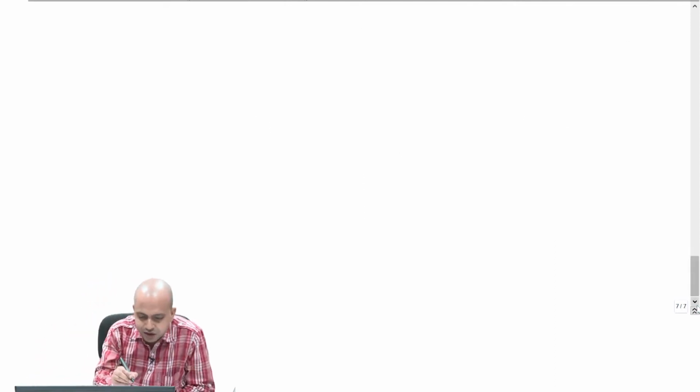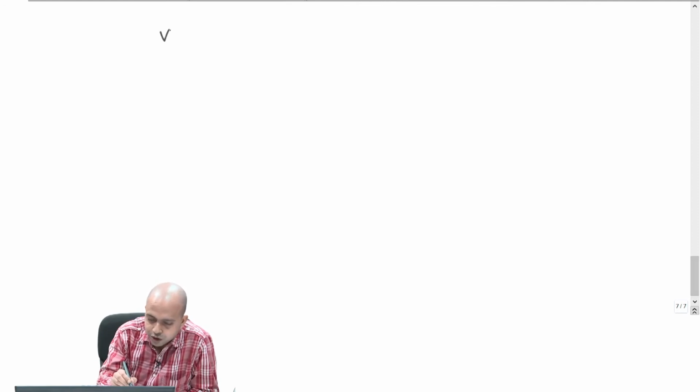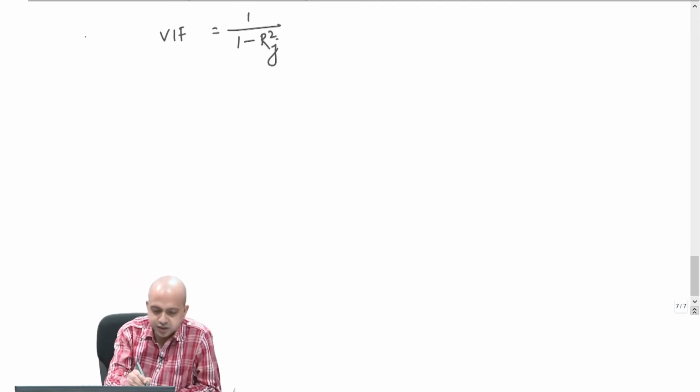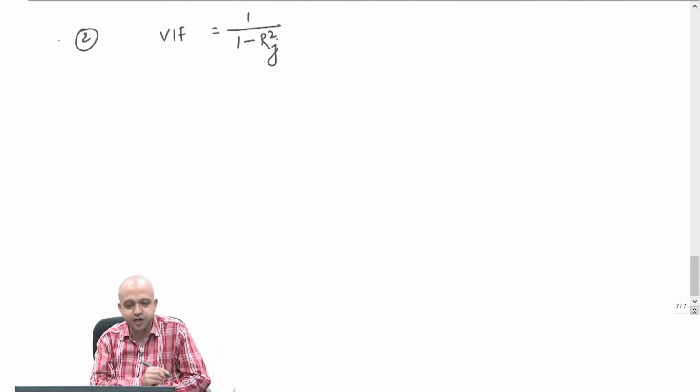And what is the other measure that is simple to apply also? That is VIF. That means 1 by 1 minus R squared j. This is the other way of detecting this.